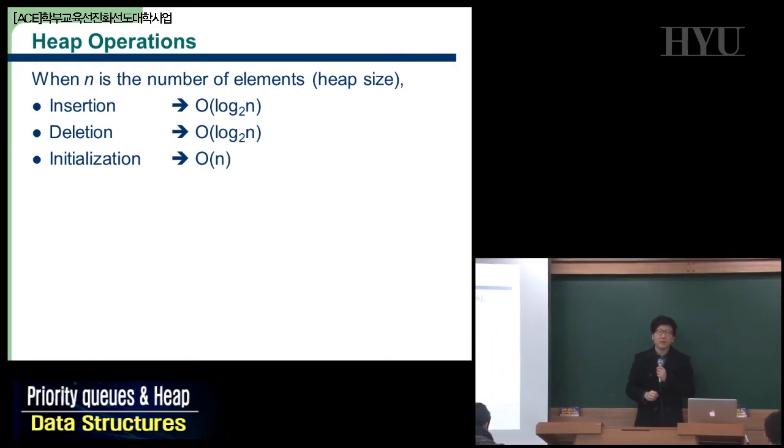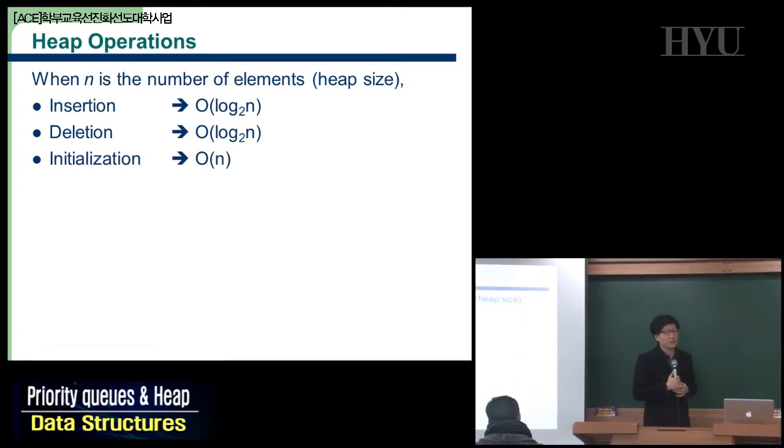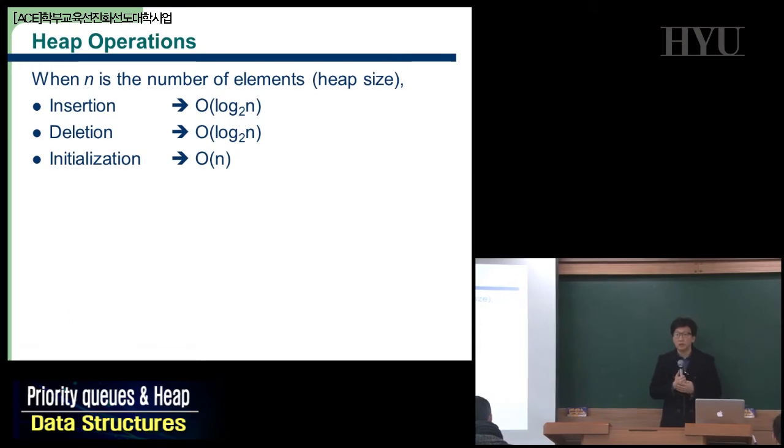You are asking half and half questions every time you make a decision, left or right. So eventually you can assume something called log. It's quite obvious. Deletion as well. Regardless of the heap, if you want to delete something, you have to find it first. What was the finding cost in a binary tree? Obviously log n.